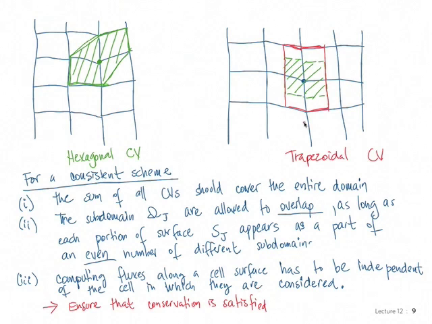So if I have two subdomains that overlap, for example, I could have for this one, I've drawn it in red here, and then for the other point down here, I would have this one, so they overlap.